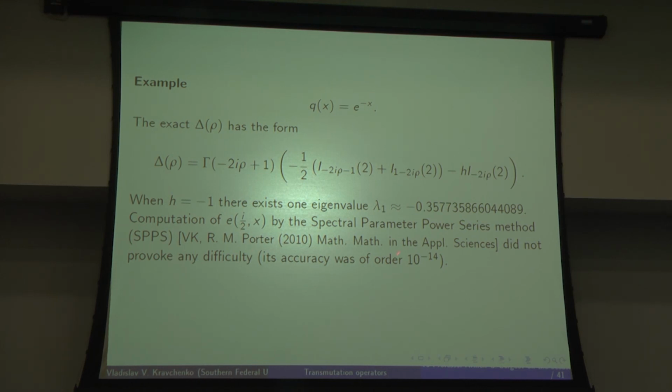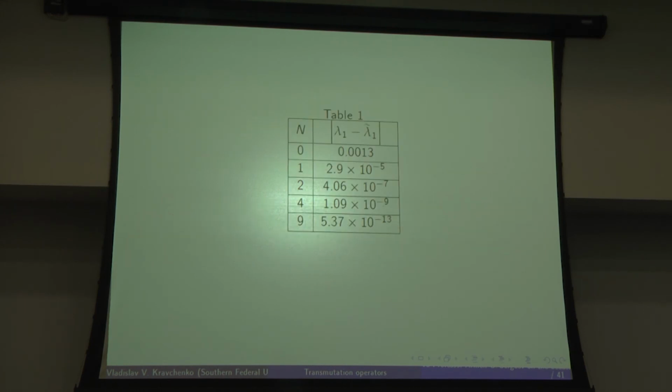We obtain it with an accuracy of order 10 to minus 14 and use it for all computations. And so the approximation of the eigenvalue is immediate.